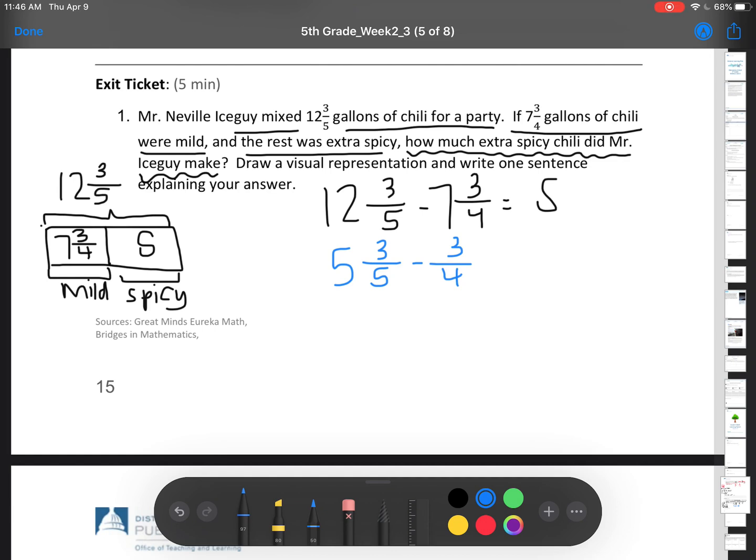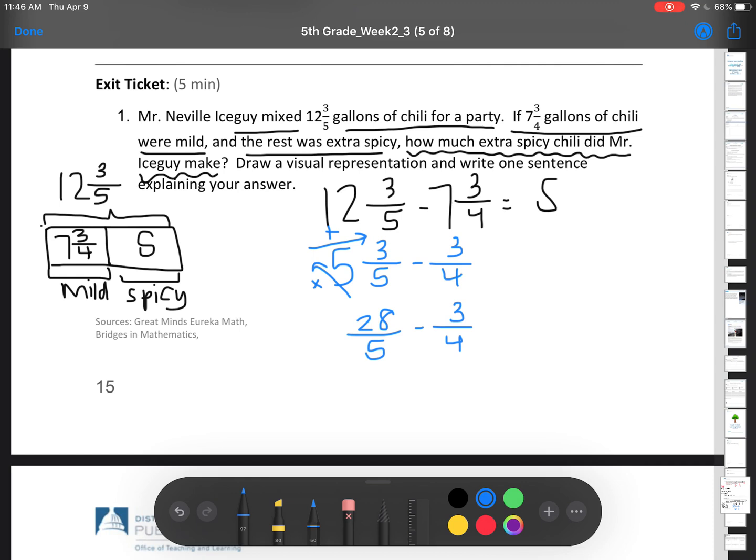Next, I know that I need to take my mixed number and convert it into a fraction greater than 1. So I'm going to use that zigzag method. 5 times 5 is 25, and then 25 plus 3 is 28. So now I have 28 fifths minus 3/4.